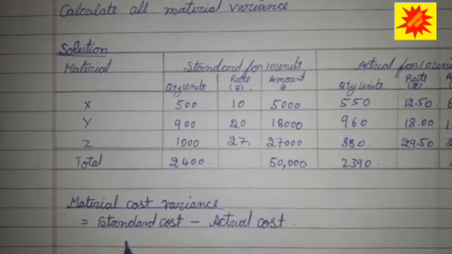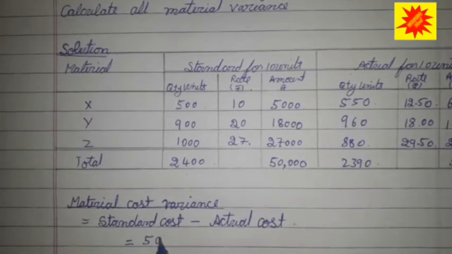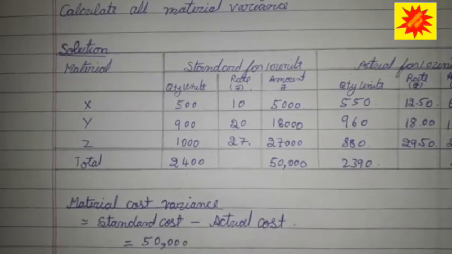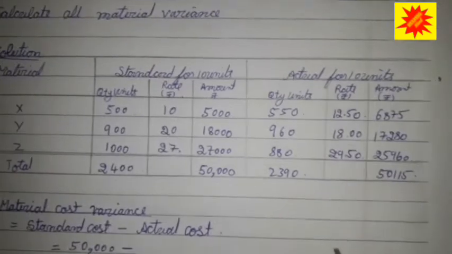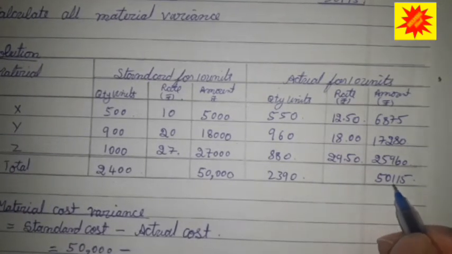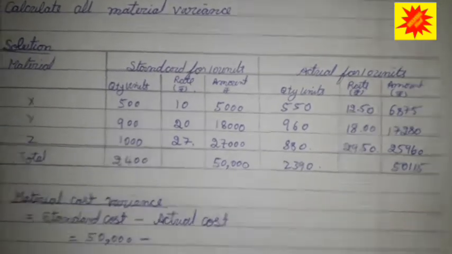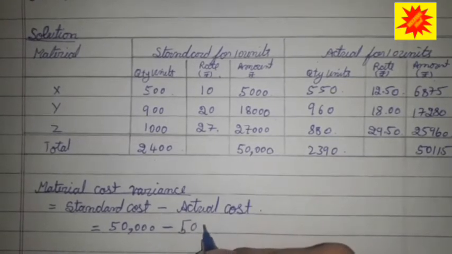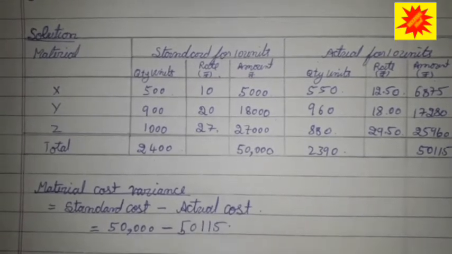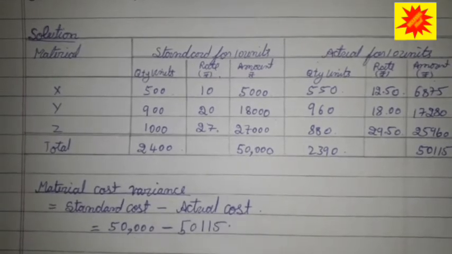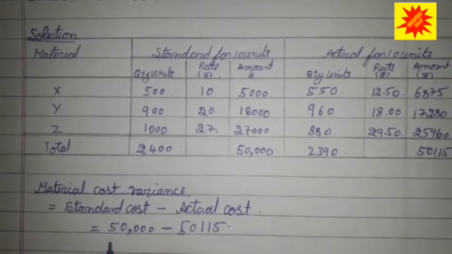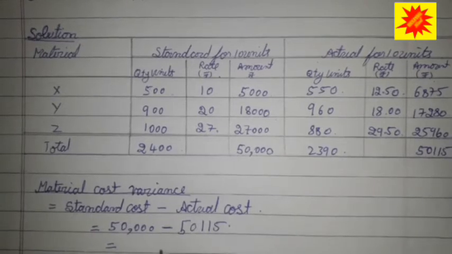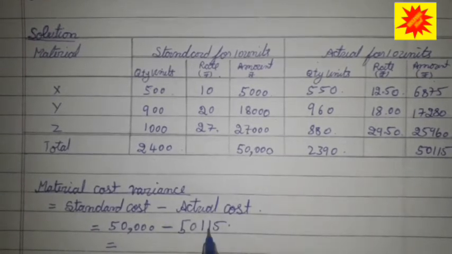The total of these will be our standard cost. So 50,000 is our standard cost minus what is our actual cost? 50,115 rupees. The difference between these two is our material cost variance. So what is the difference? Minus 115.